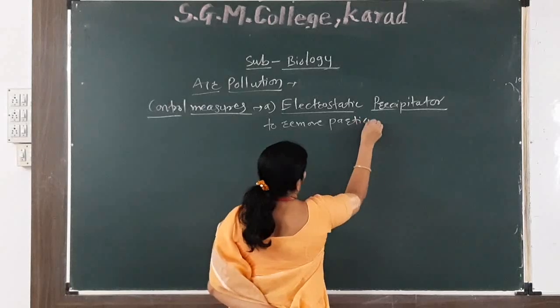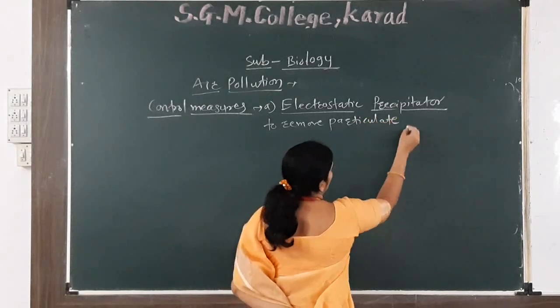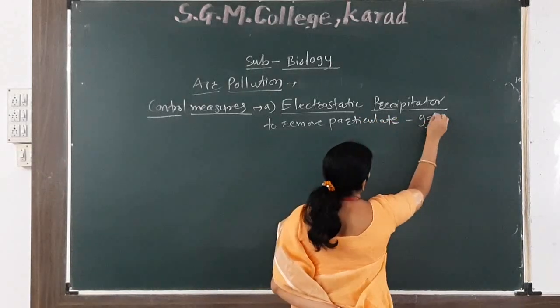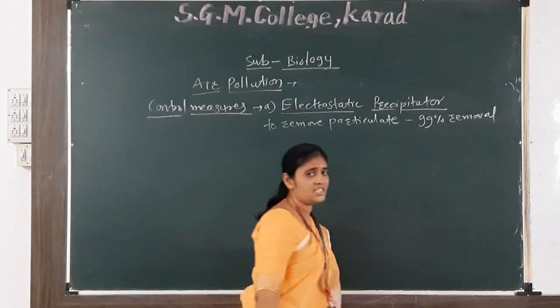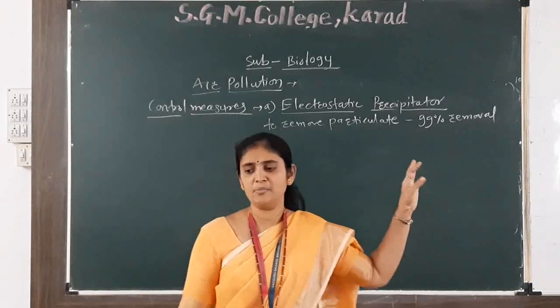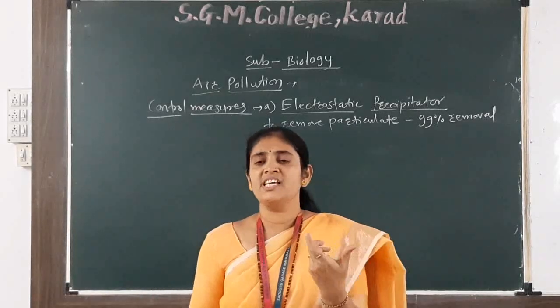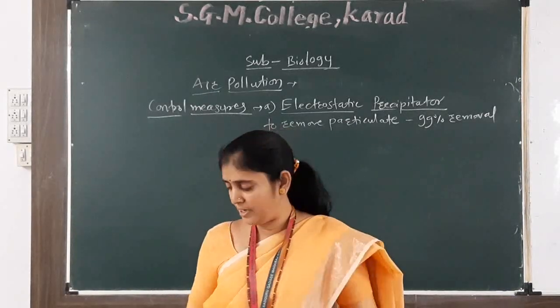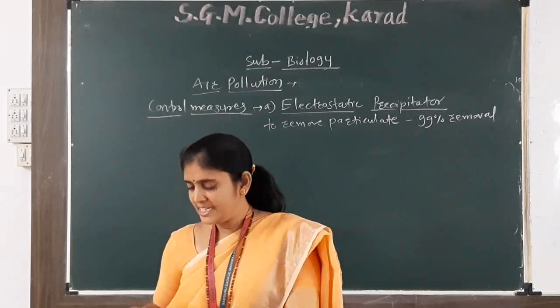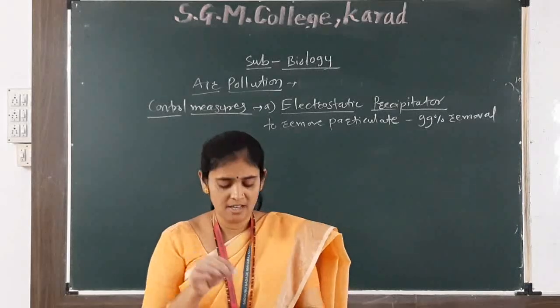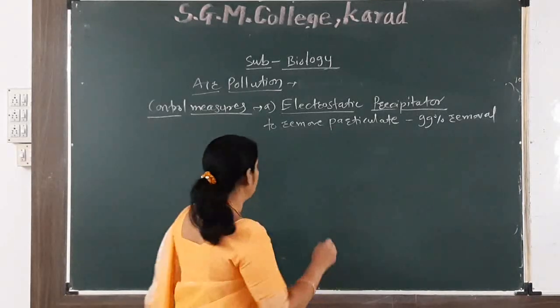Particulate pollutants or particulate matter, up to 99% removal takes place with the help of the electrostatic precipitator. How does this process work, how is it used? To understand this, I am drawing here a diagrammatic representation. You can see here.